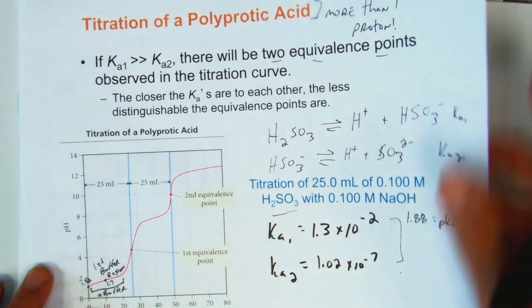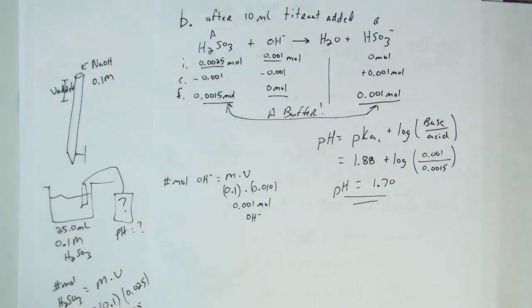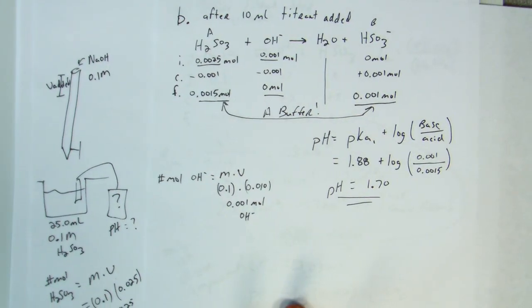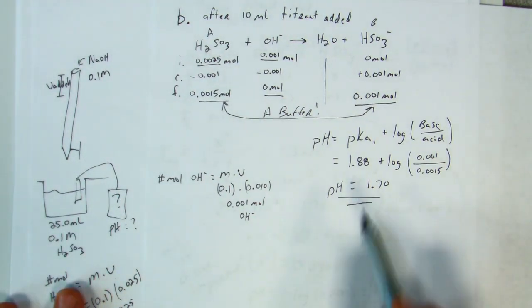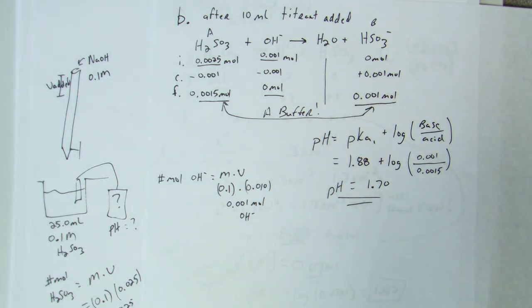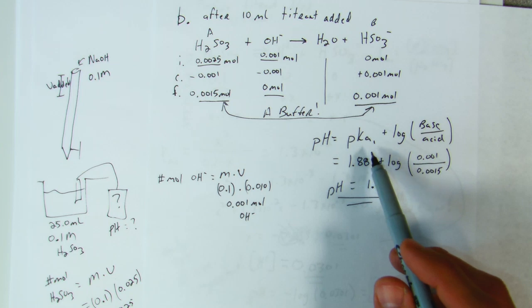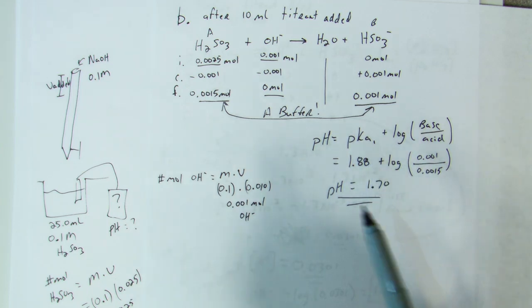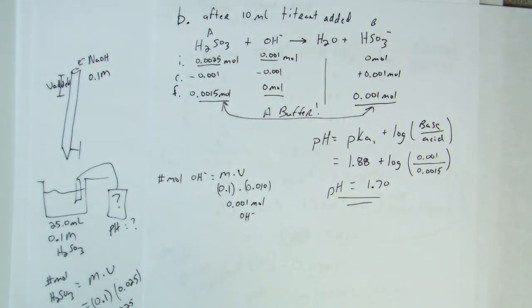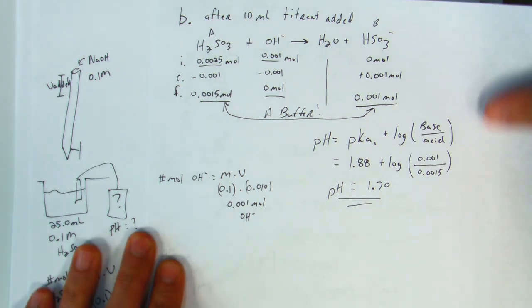We've got the mixture of the acid with the weak base. It's a buffer. We can solve for the pH of that buffered solution by using the Henderson-Hasselbalch equation with pKa1. You got to use pKa1 because we're still titrating that first proton. But other than that, it's relatively straightforward, okay?